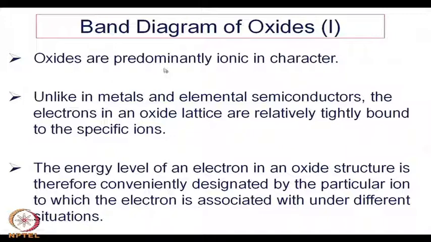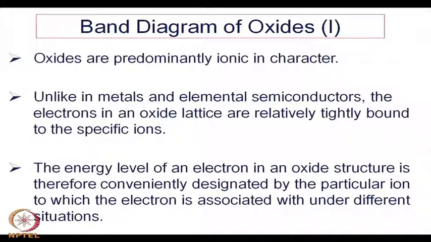The oxides are predominantly ionic in character; the chemical bond is mostly ionic. Unlike in metals and elemental semiconductors, the electrons in an oxide lattice are relatively tightly bound to the specific ions because of the strong interaction, because you have an ion core that is strongly positive and the electrons that are strongly negative, or there will be cations and anions.